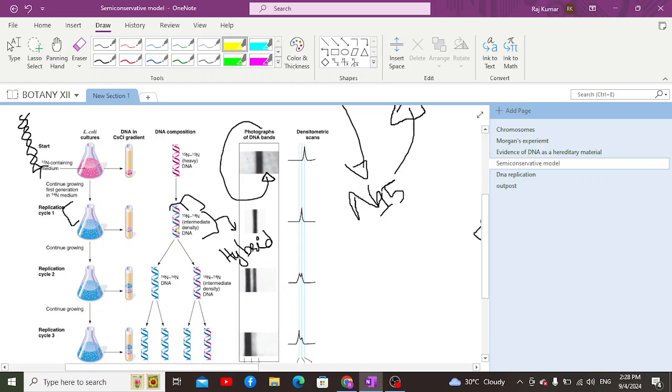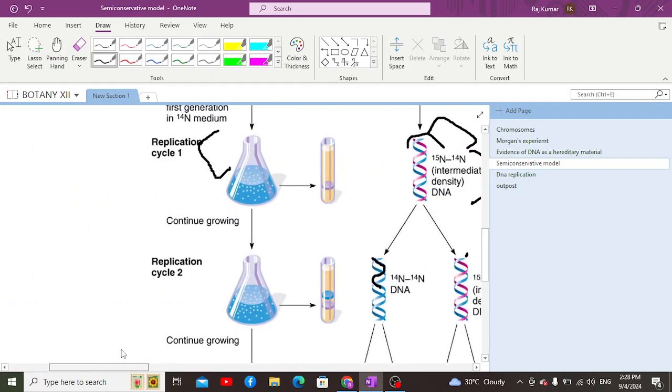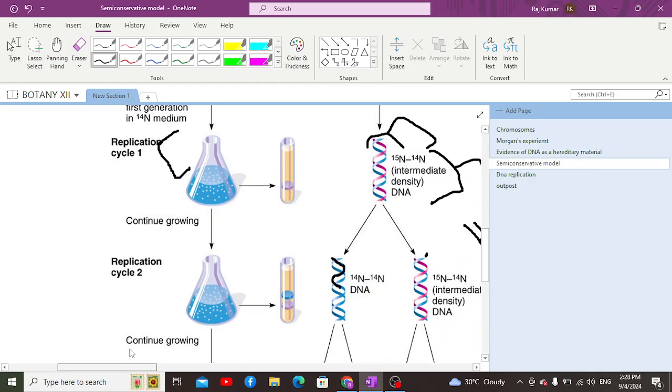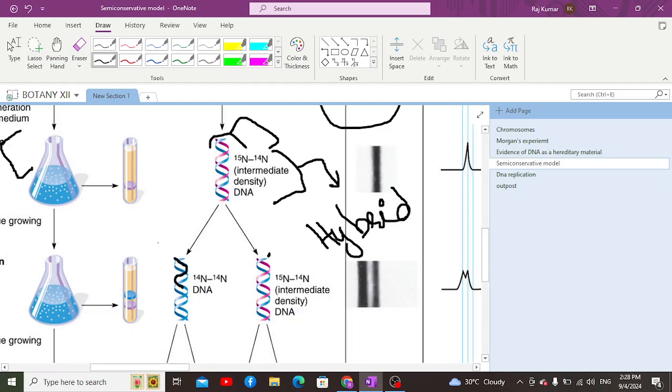according to the semi-conservative model we have previously studied, N14 would be making a new strand, which would be having N14 as the daughter strand and N14 as a parent strand. The N14 daughter strand had the nucleotides obtained from the N14 culture, which continued with replication cycle 2, due to which N14 and N14 both being N14 strands cause the formation of another N14 strand, forming one light DNA.